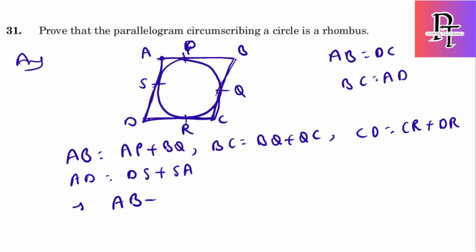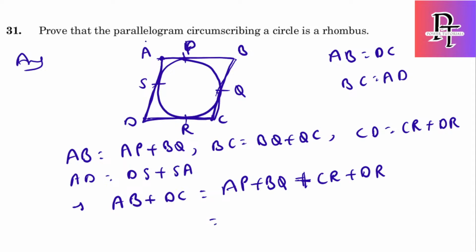So what I will do is find AB plus DC. AB is, as I wrote here, AP plus PB, whereas DC is CR plus DR. What is AP?